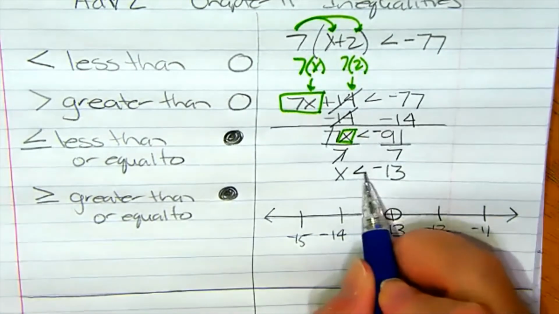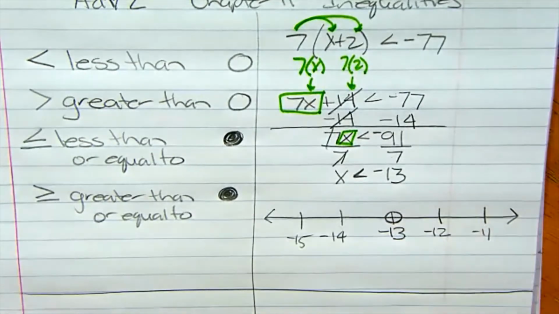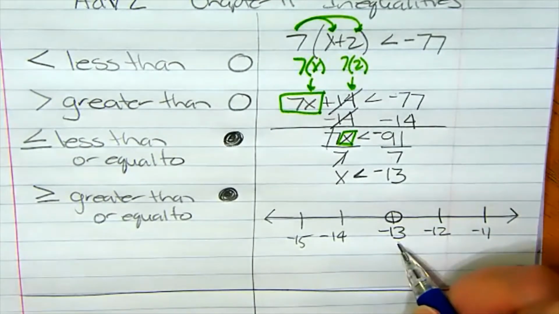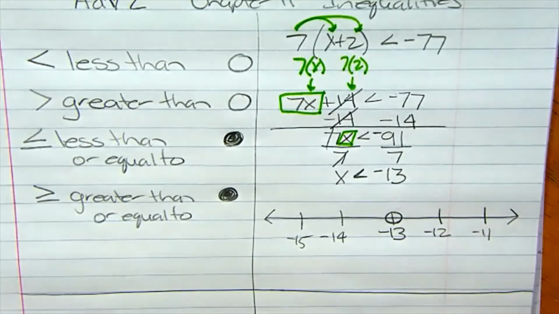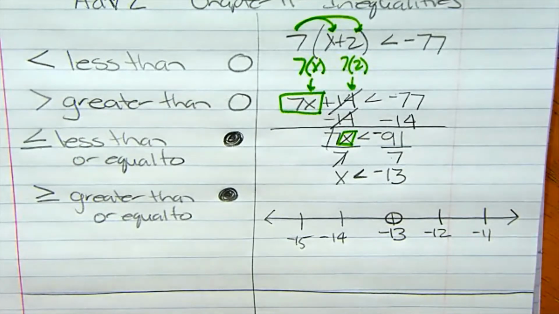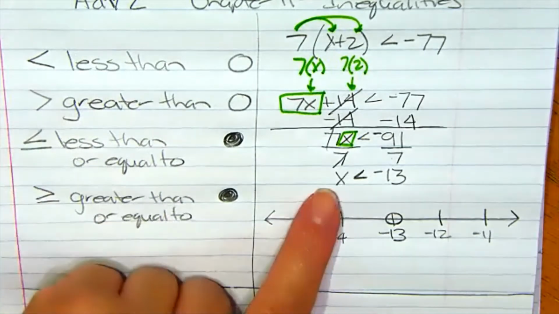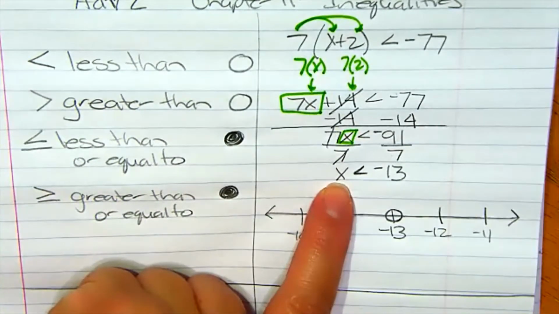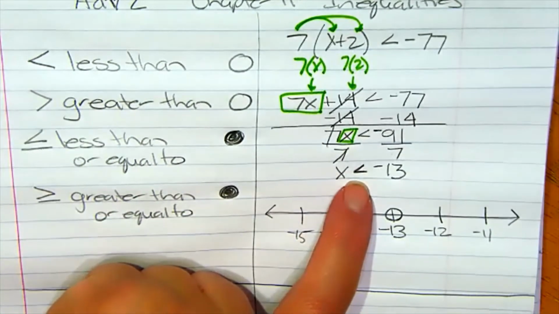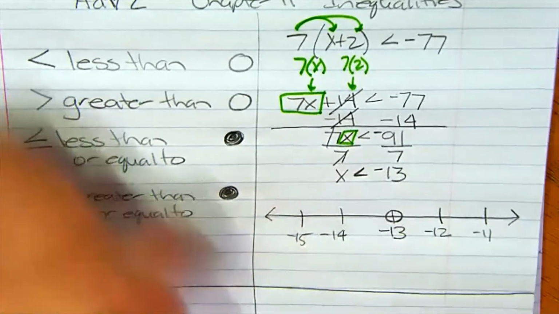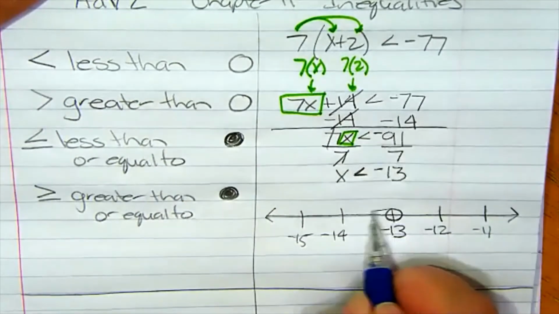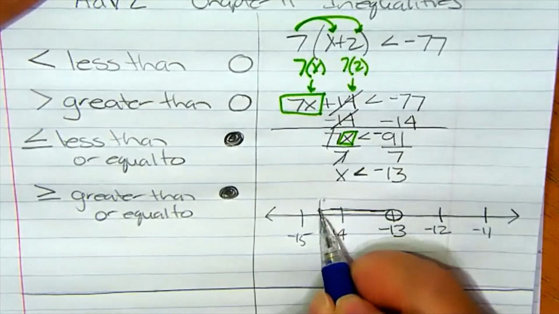Now, when I look at my sign, there's no equal sign. So that means negative 13 is not included in the solution set. Now I say the inequality starting with the variable. X is less than negative 13. And we know less than means to the left.